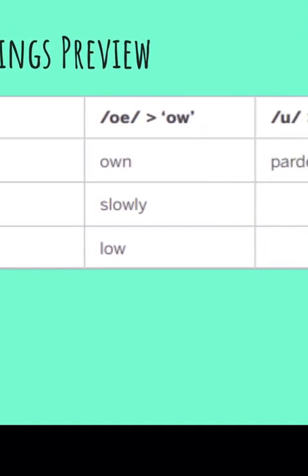We have the O sound spelled O-W. For example, own, slowly, and low. So O-W is really working together in those words to make that O sound. In our next column, we have the O making the sound. For example, pardon.